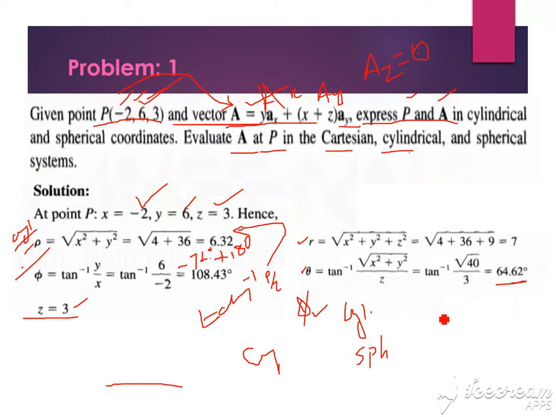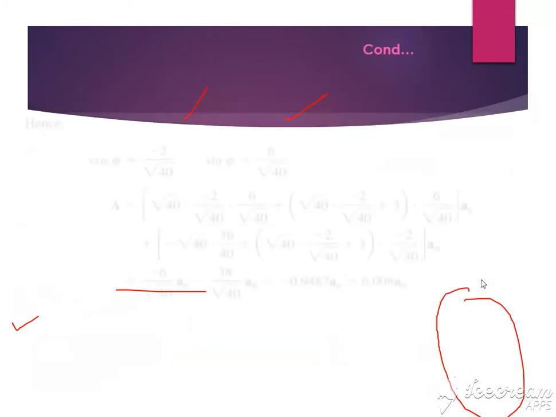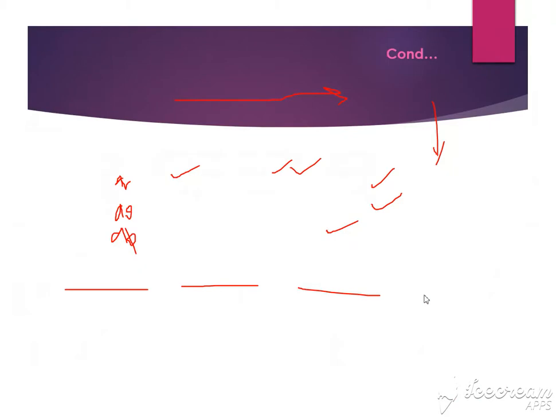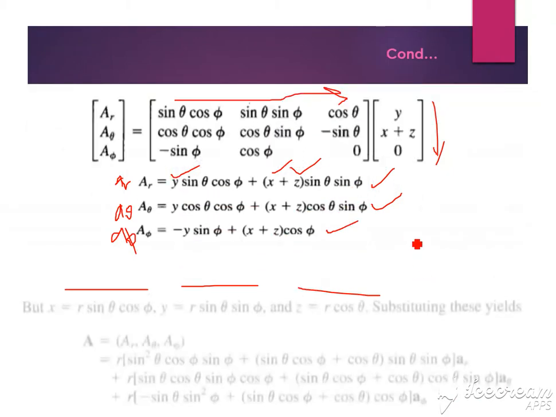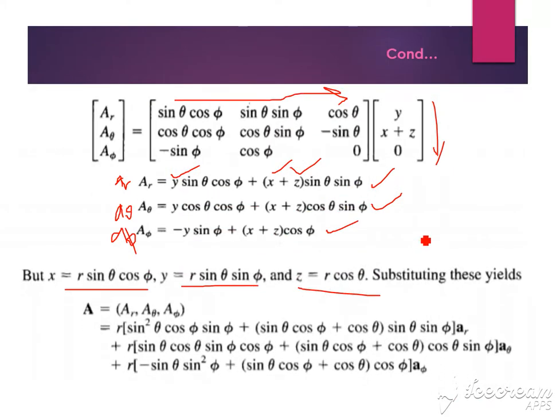What is the theta value? Tan theta is equal to root 40 divided by 3.